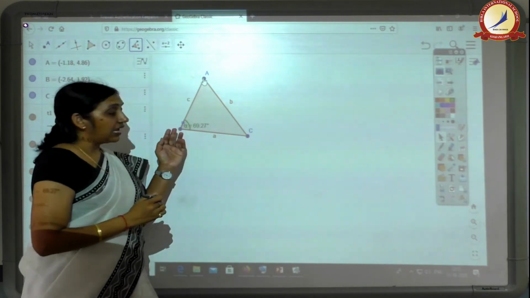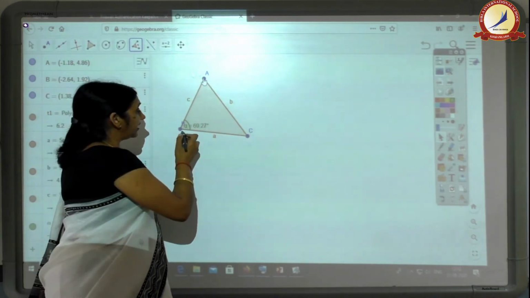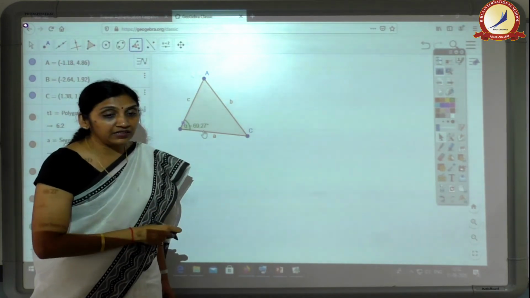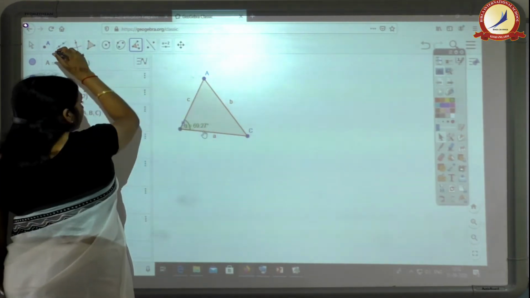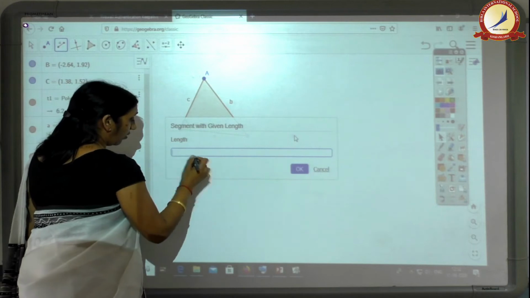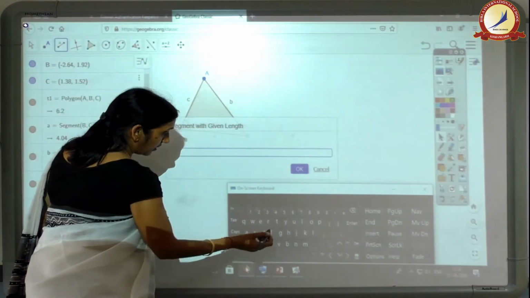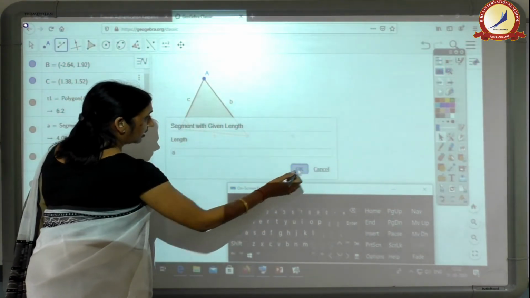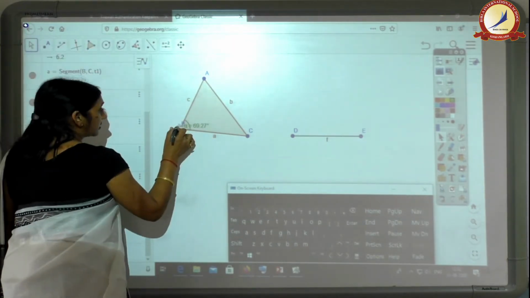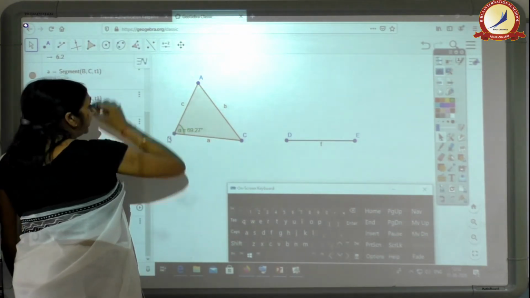So here I am going to construct a triangle congruent to triangle ABC with the sides BC and CA and the included angle B. To do that, select a line segment of given length, as we have done before, of length A. So a line segment is drawn where I have BE equal to BC, equal to DE.